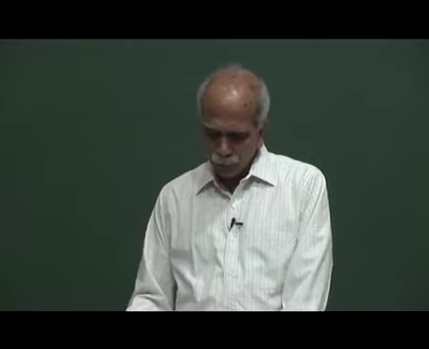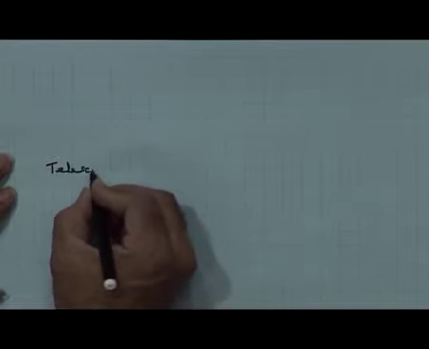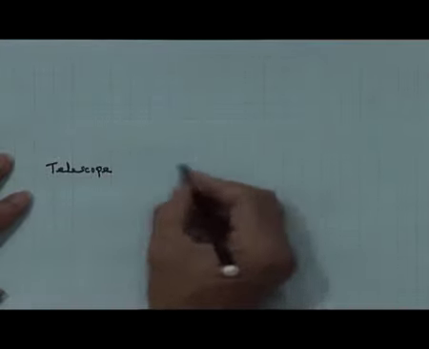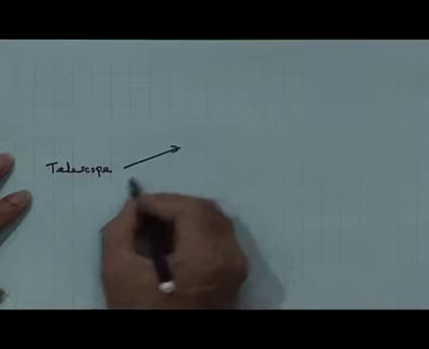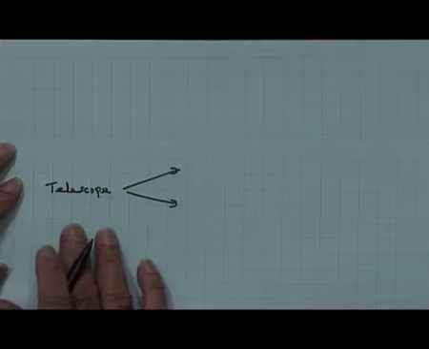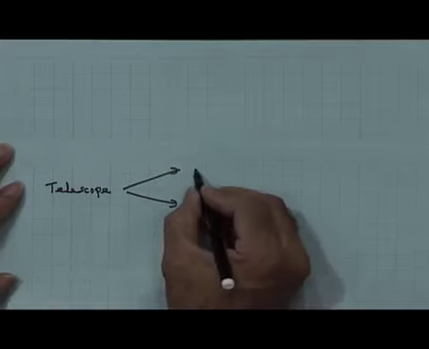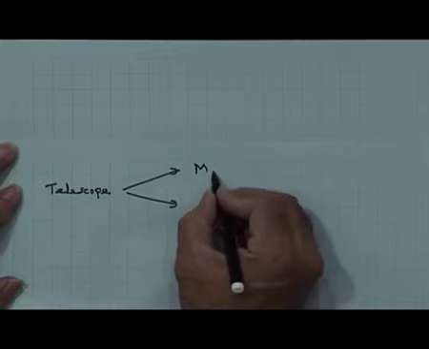So, a telescope which is used to observe a distant object which appears very small. So, magnification is required. So, magnification is an issue.